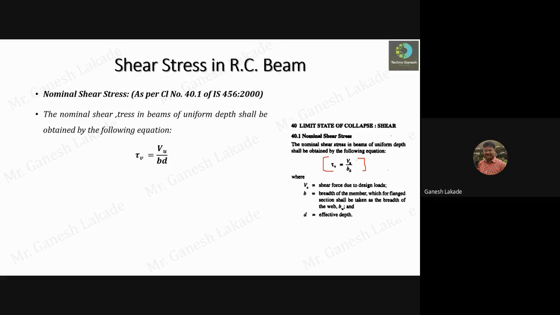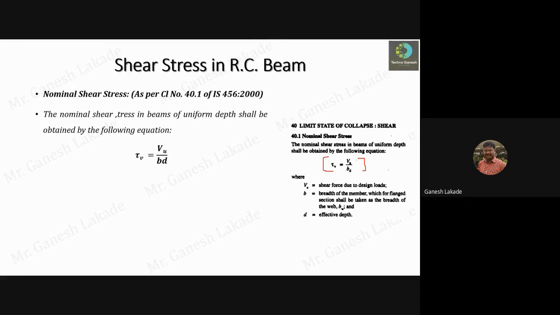Due to the application of external forces, some shear force is going to develop, and due to that shear force a stress will develop across the beam, and that stress must be resisted by the concrete. The concrete should have the capacity to carry that much stress.